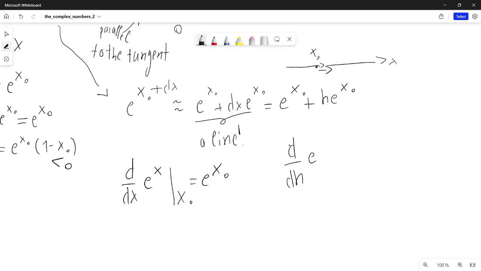So this is our h. We can now differentiate it by h, because that's a variable. And this is independent of h. Just focus on variable h, okay? This is constant, and this gives the x0. That is what we find out.